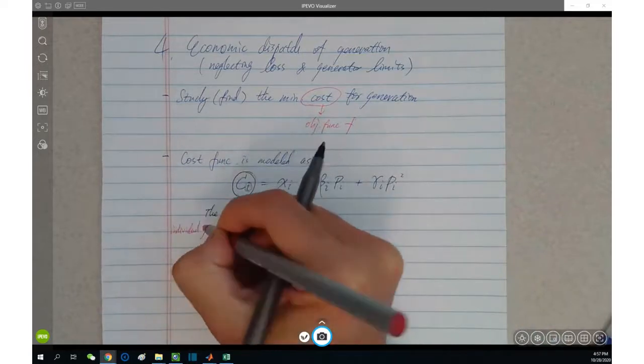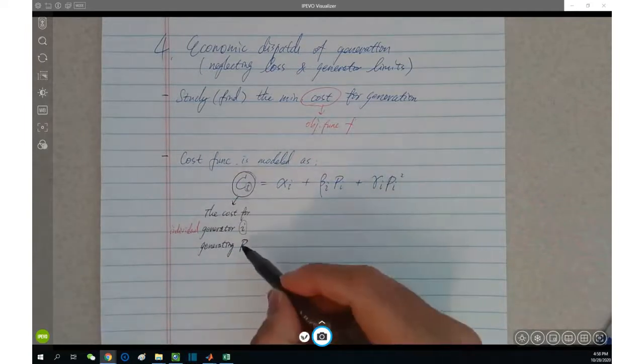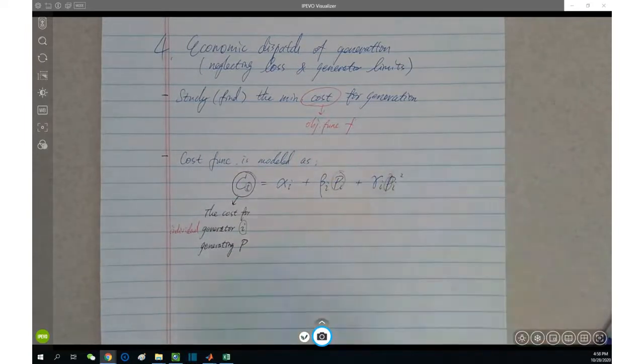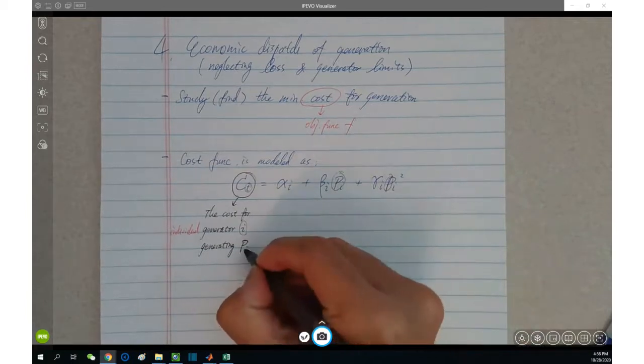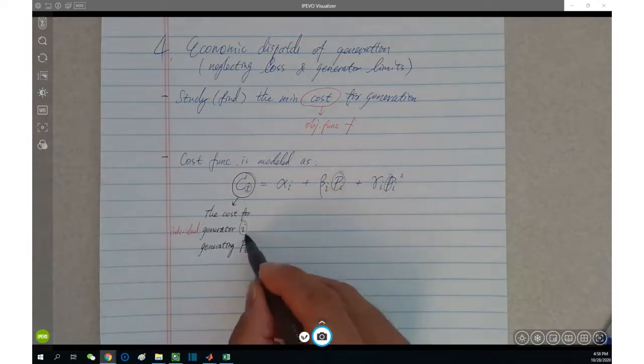Individual generator i generating how much power? Pi, indicating the amount of power assigned to this particular generator to generate, and how much cost it is going to have. Keep this concept clear. This is talking about the individual generator i and how much cost it will have for generating this particular amount of power.